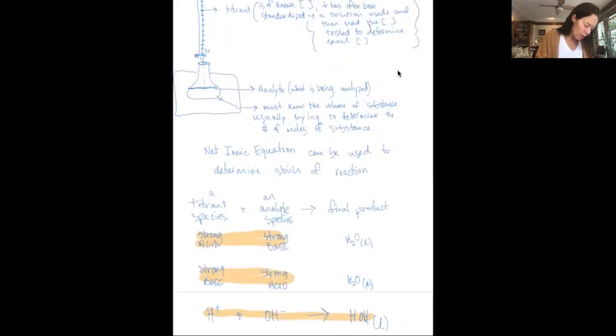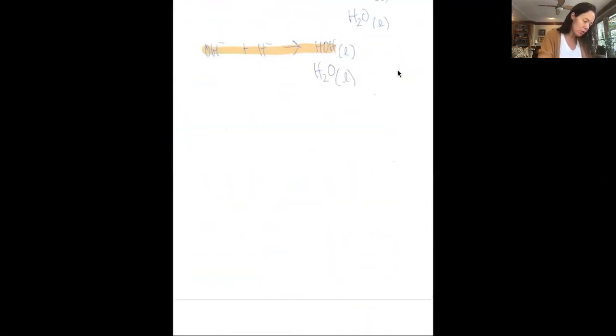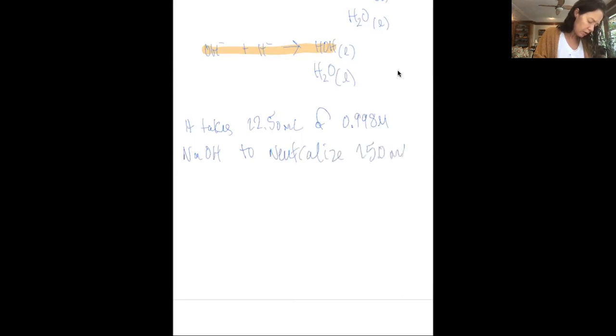So let's look at an example. Shoot, I should have put some examples on here. Let's say that it takes 22.50 milliliters of 0.998 molar NaOH to neutralize 25.0 milliliters of HCl.